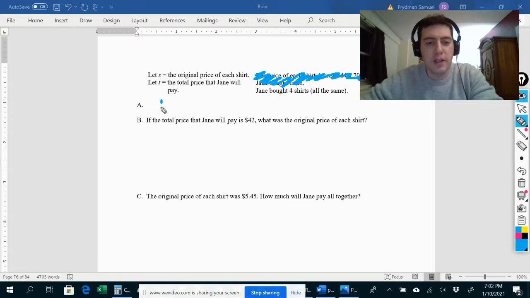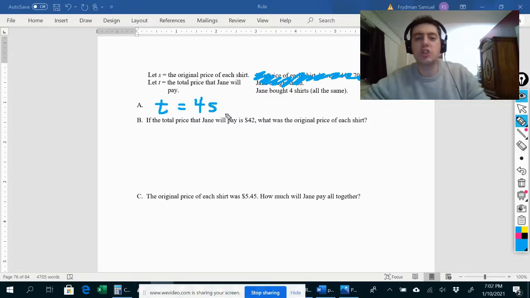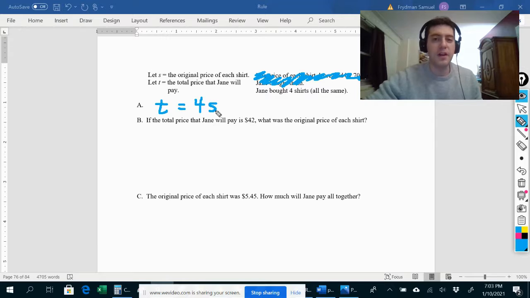The total price would be 4 times the price of each shirt. I hope that makes sense. For example, if each shirt was really cheap and it cost $2 and she bought 4 of them, then what would be the total amount that she paid? It would be $8, right? It would be 4 times the price of 2. That would be the total.